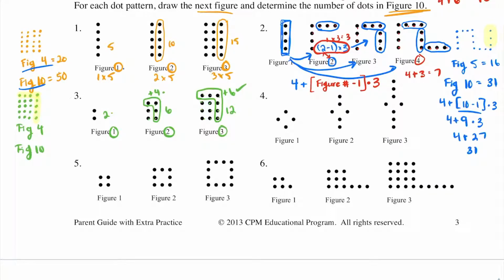So let me see if there's a pattern that I can figure out here. I noticed that I'm multiplying my first figure by 2, and then my second figure by 3, and then my third figure by 4.